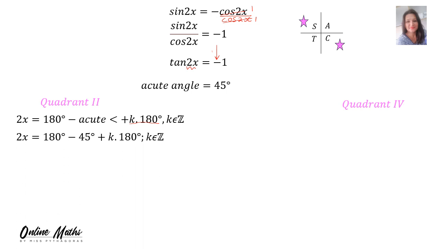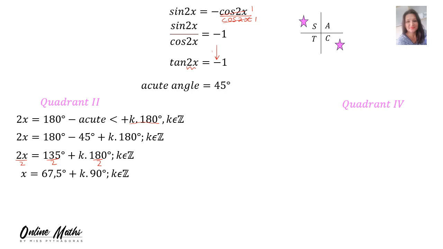So then in goes the acute angle, the reference angle, the 45 degrees, and 2x is equal to 135 degrees plus k times 180, k element of Z. And now I can solve x, and I can divide everything by 2. And my general solution is x is 67,5 degrees plus k times 90 degrees, k element of Z.